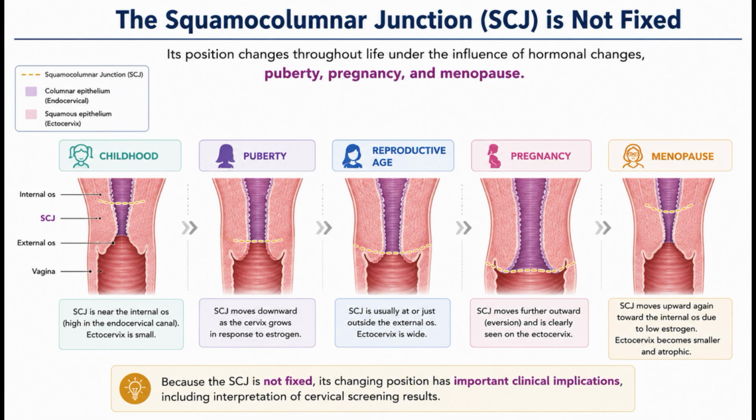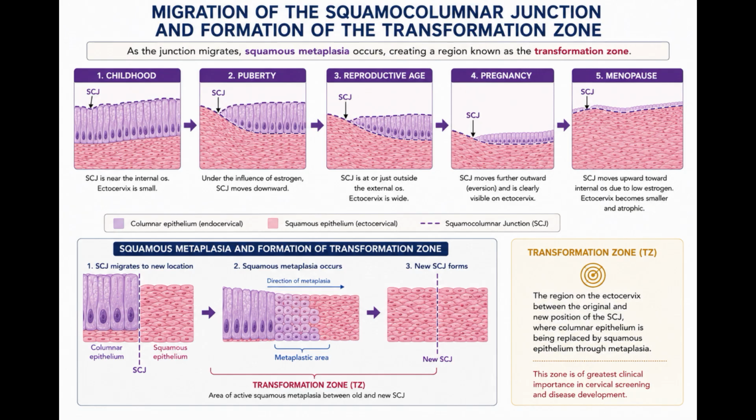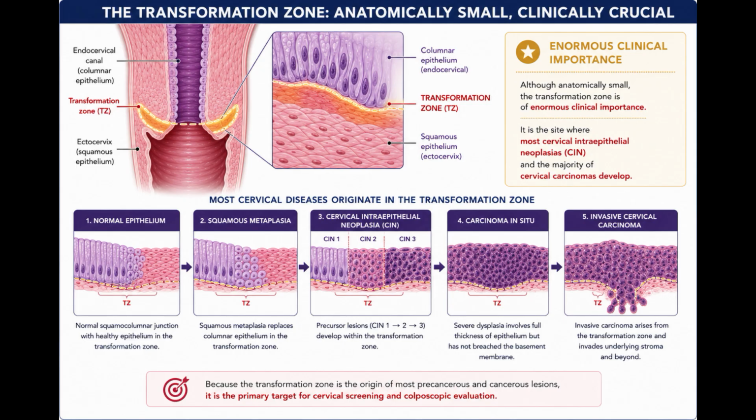However, the squamo-columnar junction is not a fixed structure. Its position changes throughout life under the influence of hormonal changes, puberty, pregnancy, and menopause. As the junction migrates, squamous metaplasia occurs, creating a region known as the transformation zone. Although anatomically small, the transformation zone is of enormous clinical importance.